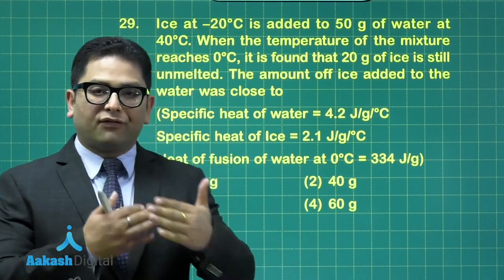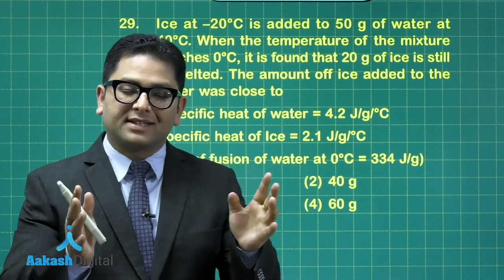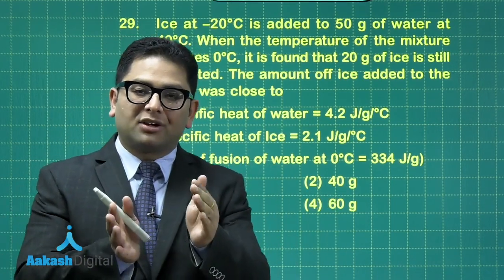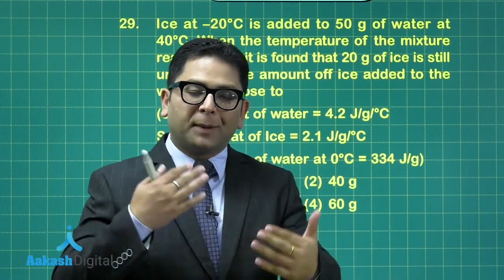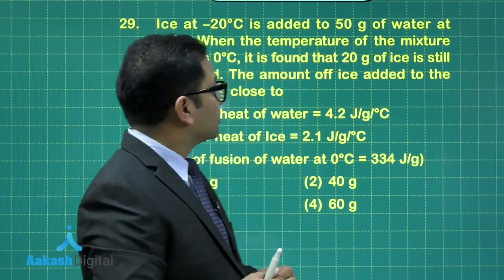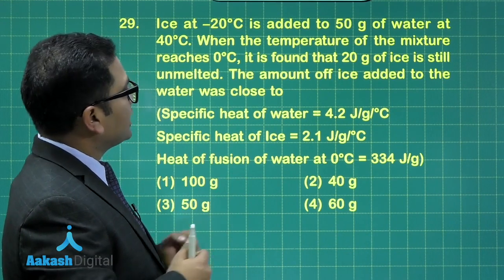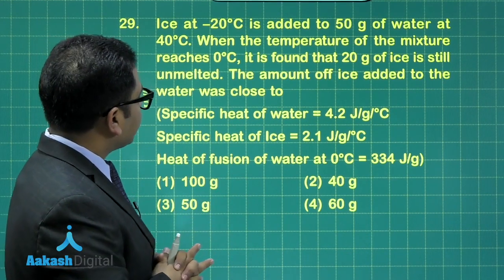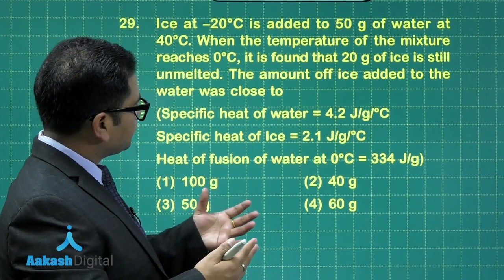In other words, the final mixture is at 0 degrees centigrade, but a certain portion of ice has not melted. It's an equilibrium of water and ice at 0 degree. We need to calculate the amount of ice added to the water.